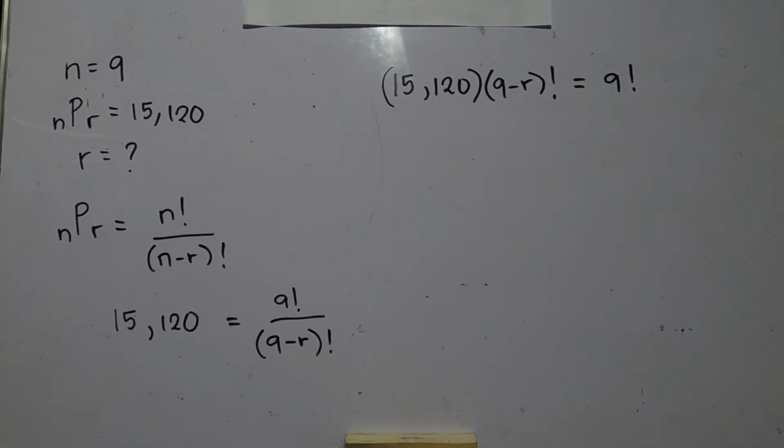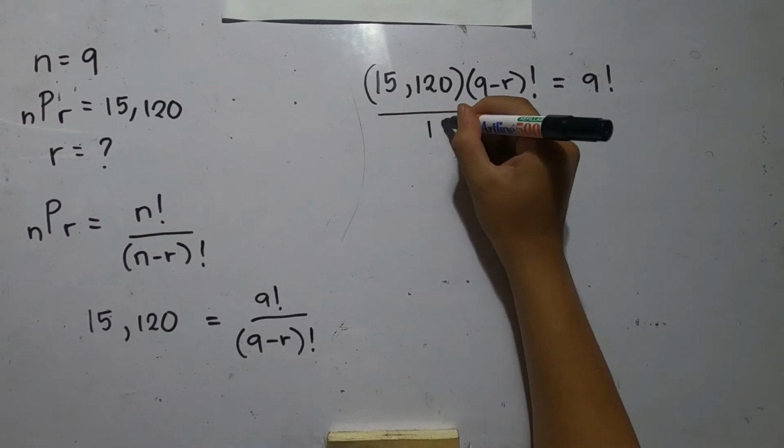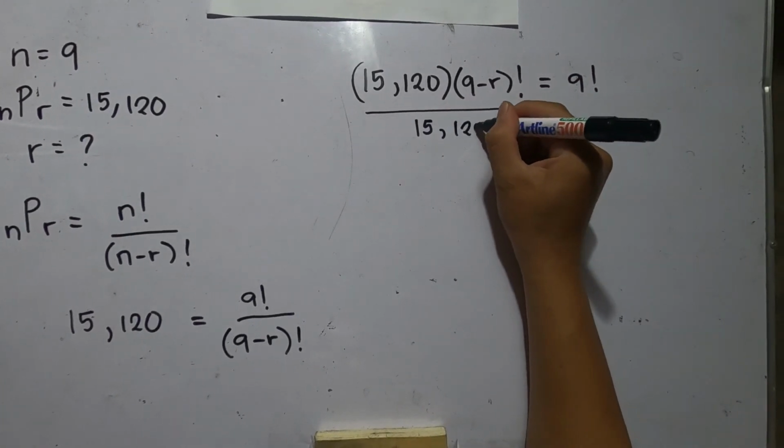Remember, our goal is to isolate the value of r. We will divide both sides of the equation by 15,120.